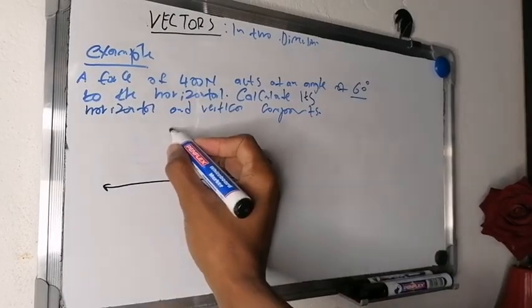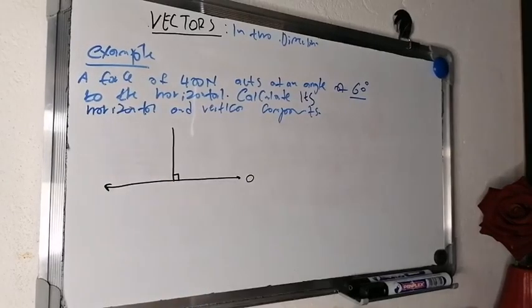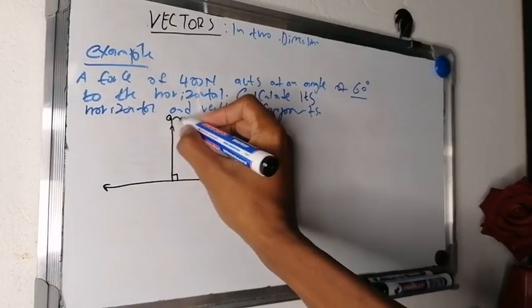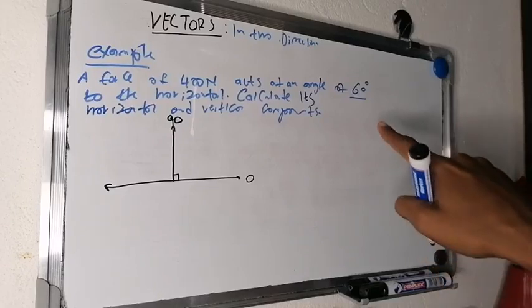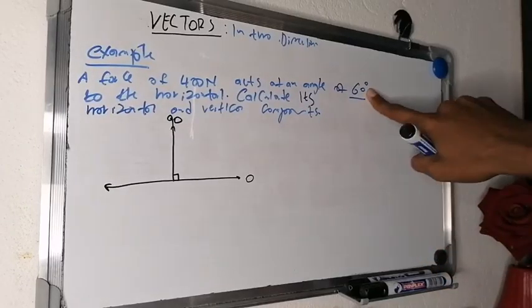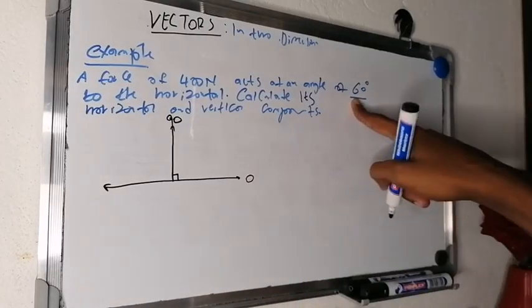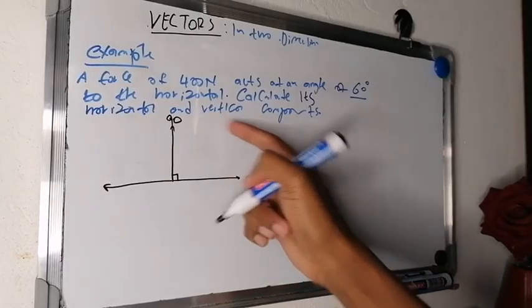The vertical line that will form a 90-degree angle with the horizontal line is definitely 90 degrees. We have been given a force with a 60 degree angle, so 60 is going to be somewhere between 90 and 0.